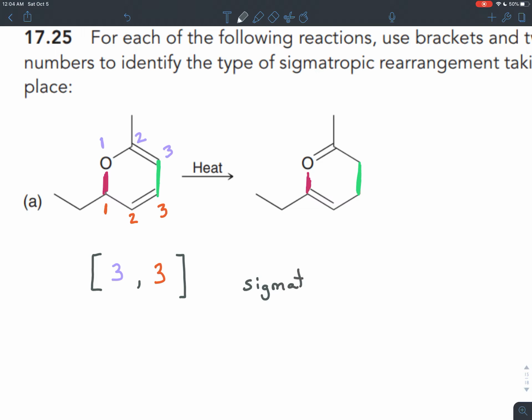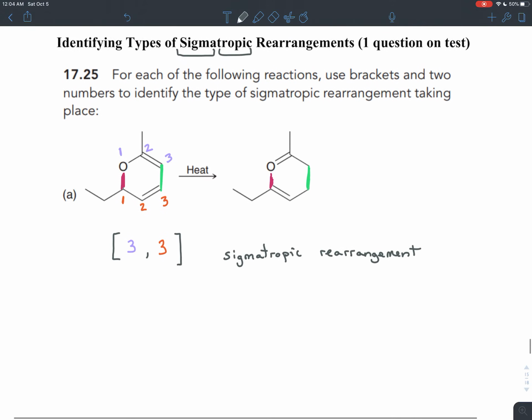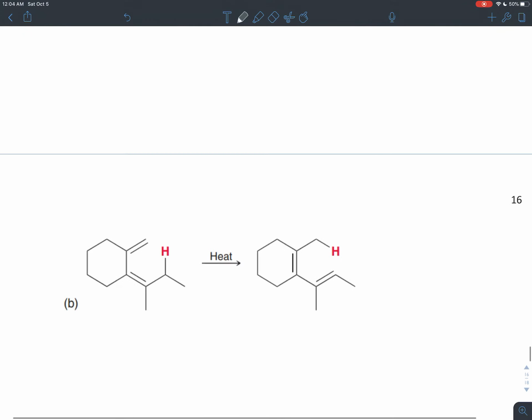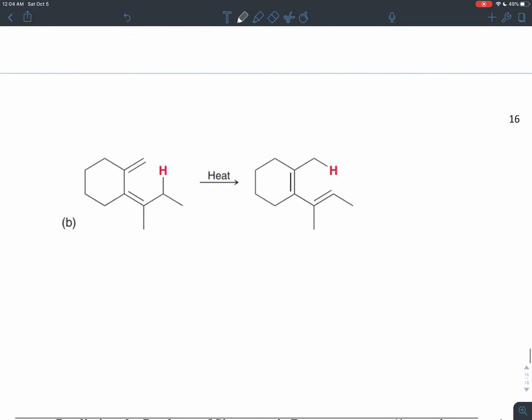And so this is classified as a [3,3] sigmatropic rearrangement. So you've moved sigma bonds around, with 3 carbons on one side between the bond that you broke and the bond that you formed, and 3 carbons on the other side. That's it for that one.